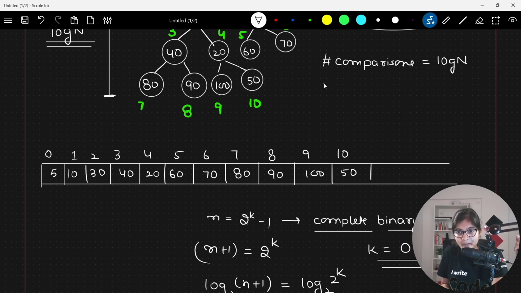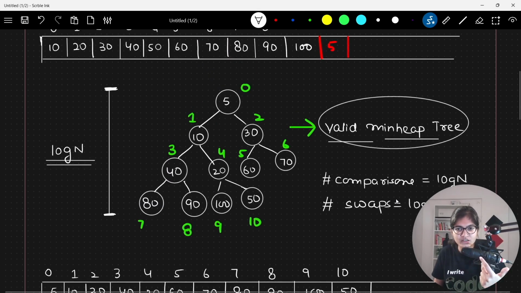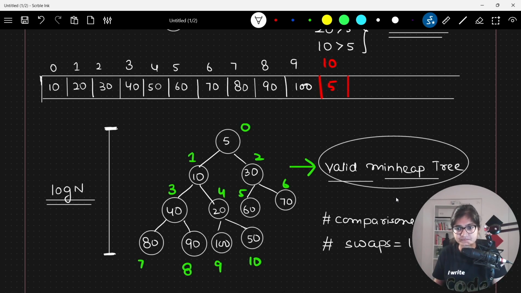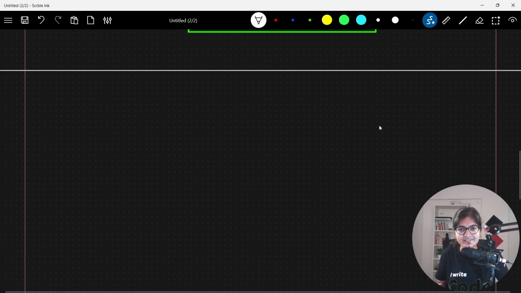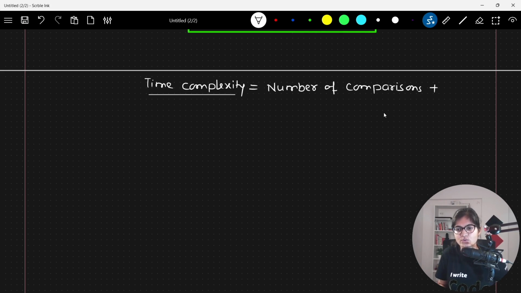Can I say? How many swaps will you do? That is also equal to log of n. Now, these two are the only tasks responsible for making the time complexity a huge one. So what I want to say here is that time complexity simply depends on these two factors, which is nothing but the number of comparisons that we are doing plus the number of swaps in the worst case scenario.